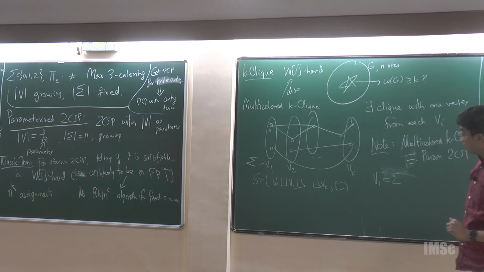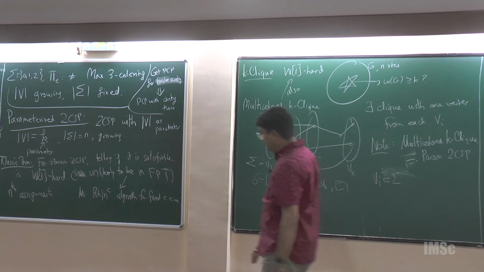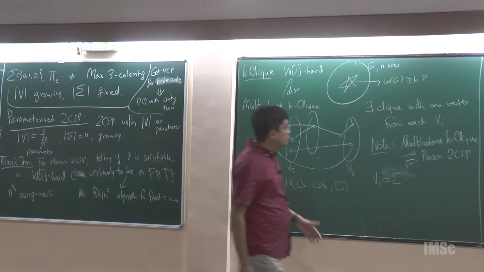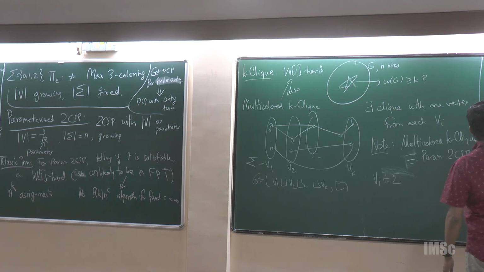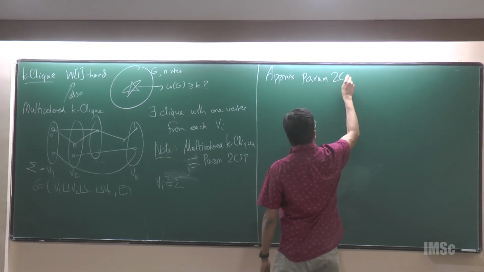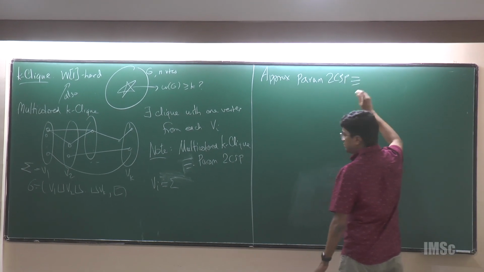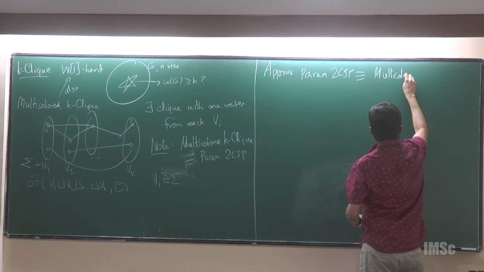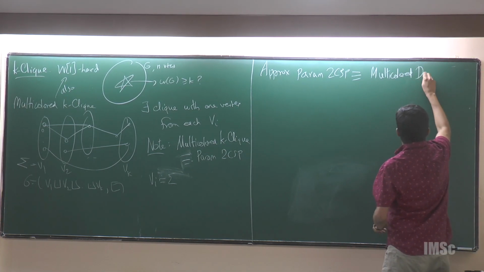Okay, that's all good. Now, the thing is, this is W1-hard, but this only talks about exactly satisfying it. What about approximation? Let's talk in terms of approximate parameterized 2CSP. And that's actually going to be equal to, I'll just mention this, though I'll maybe stick with this view for the talk, multicolored densest k-subgraph.